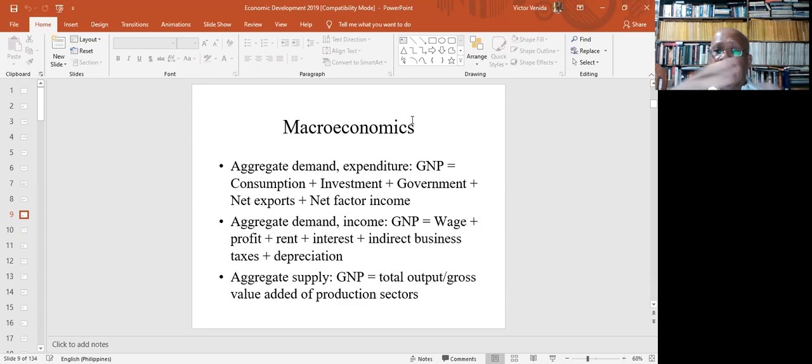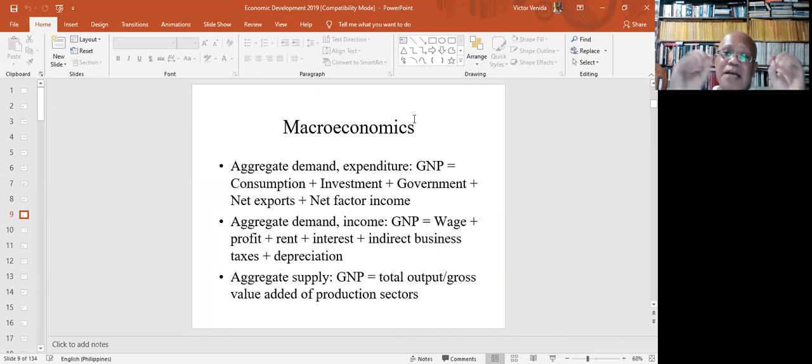When you look at the website of the Philippine Statistics Authority, you will find their tables which show, say, the gross national product by expenditure shares, gross national product by income, and then gross national product by gross value added.